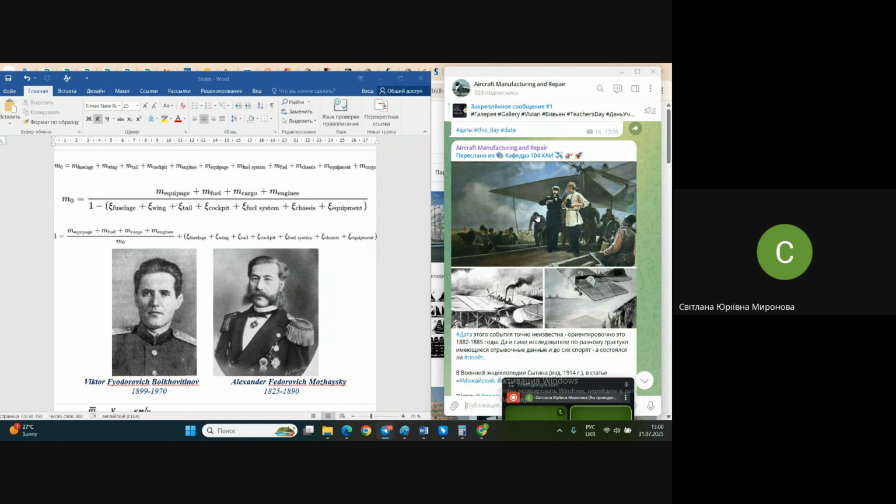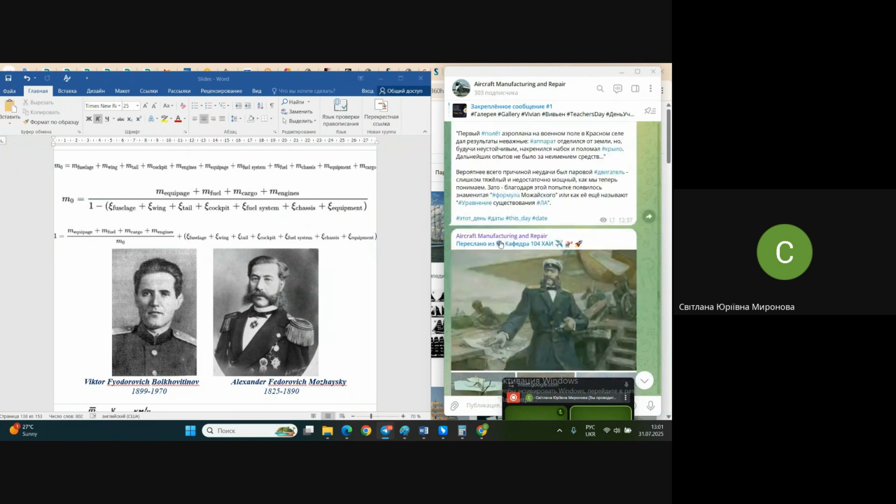And Mozhaysky made a flight. As it was said, he started the flight, and it was a flight of some meters or some tens of meters. But the flight finished unsuccessfully with a crash of the airplane, and for the next airplane he already had no money. He was just a retired naval officer.